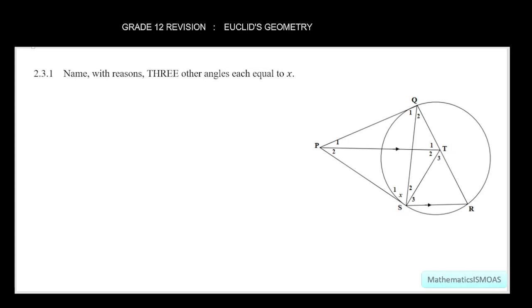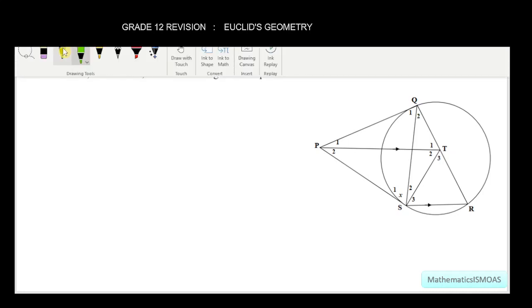In terms of x. When you are done, you can then go back to the video as we continue with question 2.3.1, which says name with reasons 3 other angles equal to x.